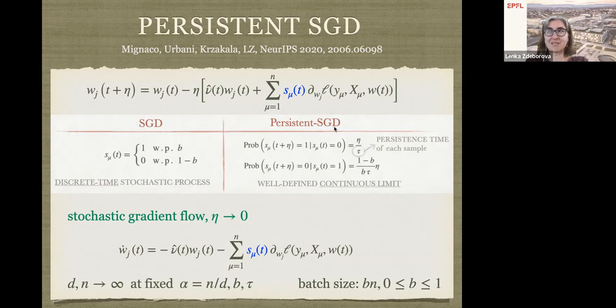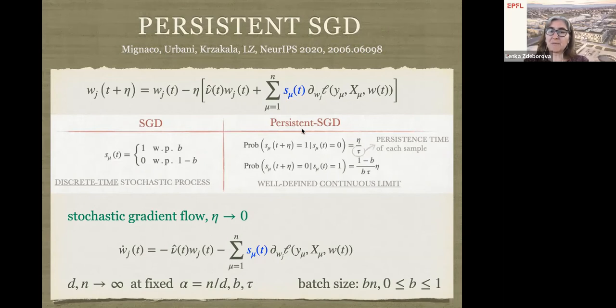All that changes is the protocol with which you decide whether a given sample is part of your mini batch or not. In stochastic gradient descent, you just decide at random. Every time step, you pick a certain number of your samples, and that's your mini batch. In the persistent stochastic gradient descent, every sample actually has a Poisson process related to it, and the Poisson process has a persistence time, tau, and then at every time, the Poisson process decides whether the sample is or is not in the mini batch.